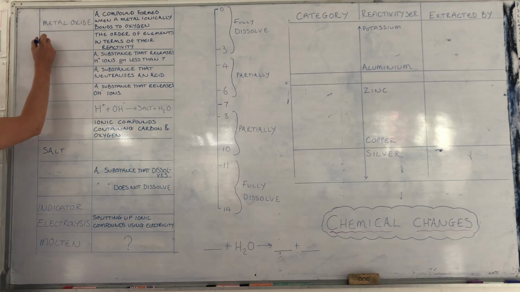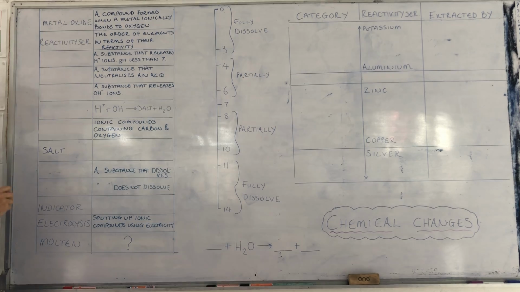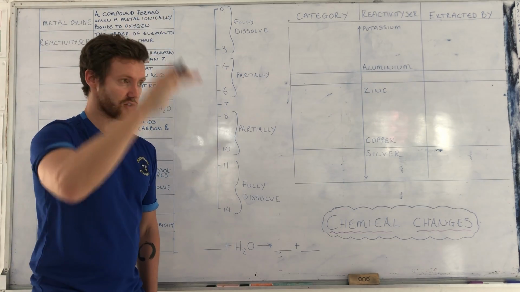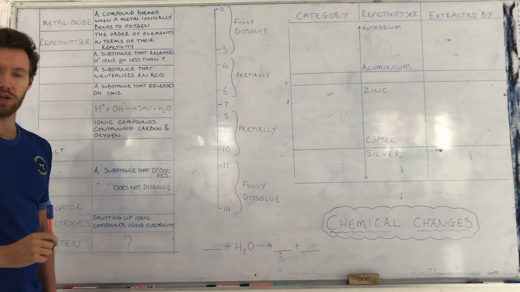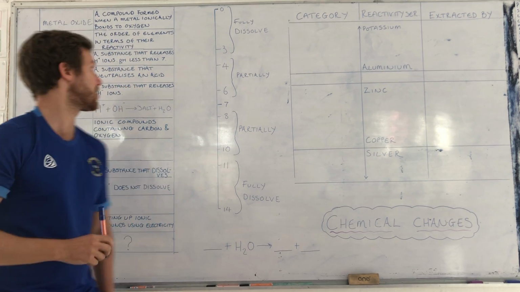That is our reactivity series. So let's write that one in. I have to write shorthand because there's not enough room. So reactivity series. Hopefully you've put that in your table. This is a great little document we can have here. A lot of these words are referred to in various components of the chemistry course.